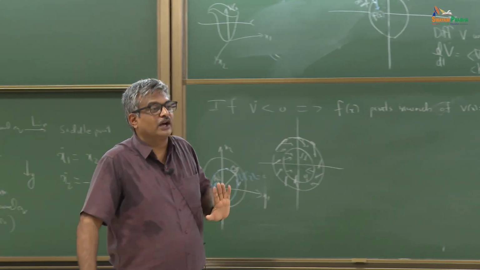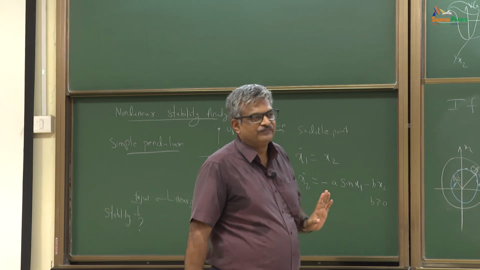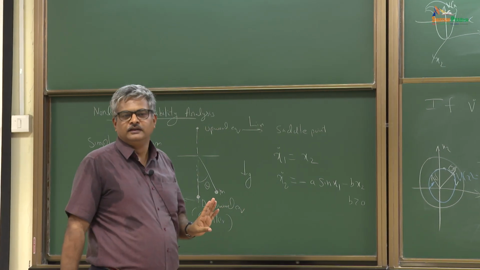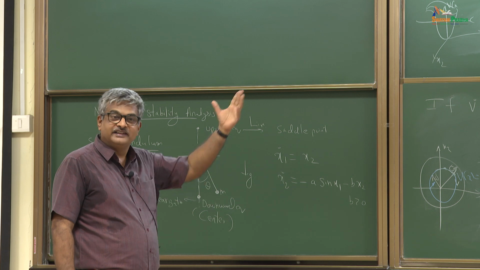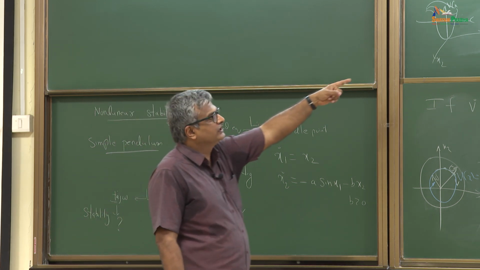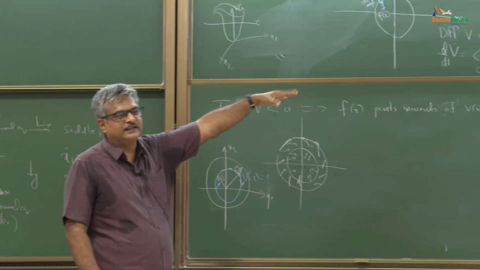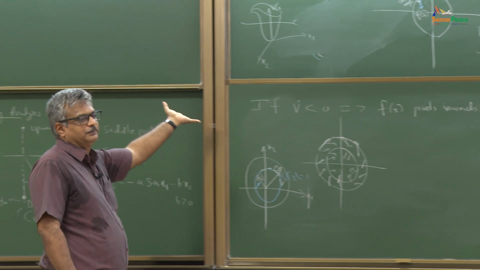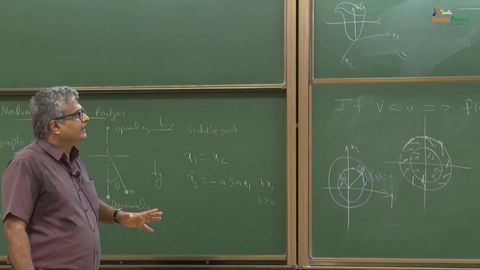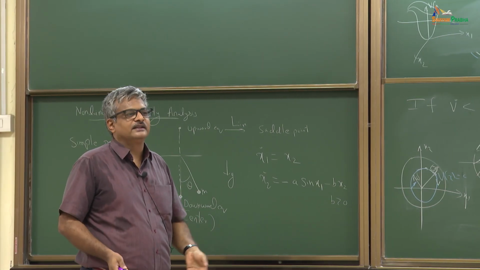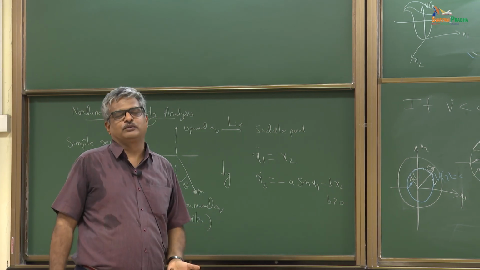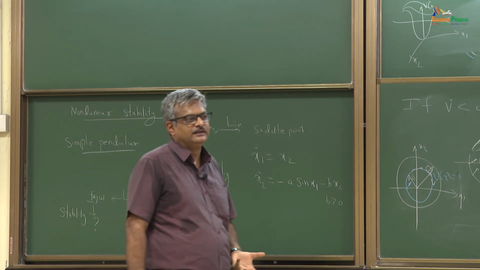All that you require now is what? So what is the hard part in this? Finding the Lyapunov function. So that V is called the Lyapunov function, right? That is the hard part. But again, for mechanical systems at least, you know the energy of the system qualifies as a Lyapunov function, okay?